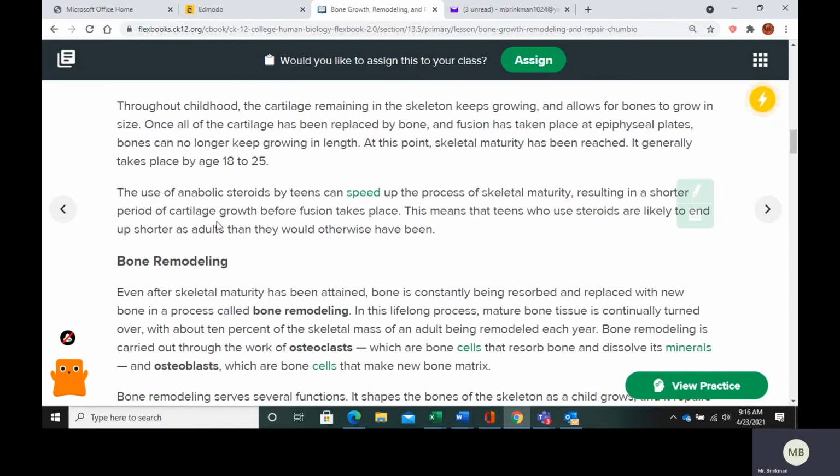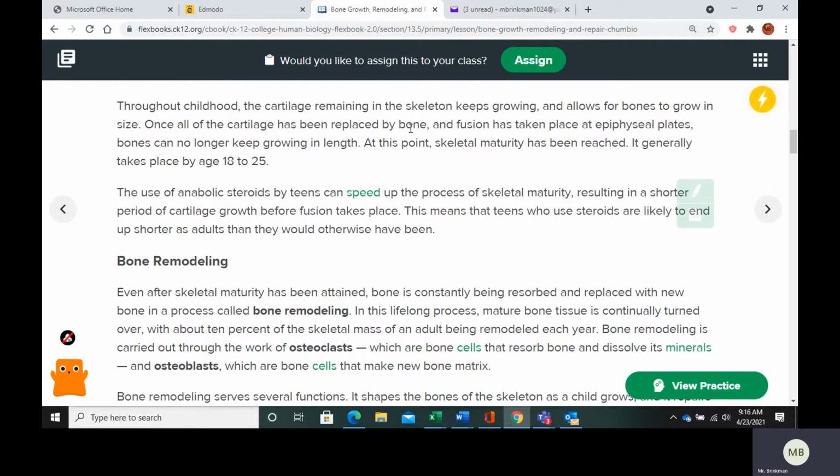The cartilage remaining in the skeleton is going to keep growing throughout your childhood, and this is going to allow you to grow, okay?